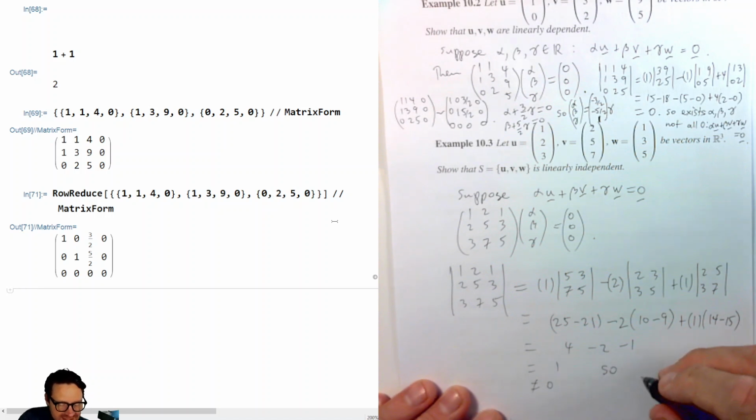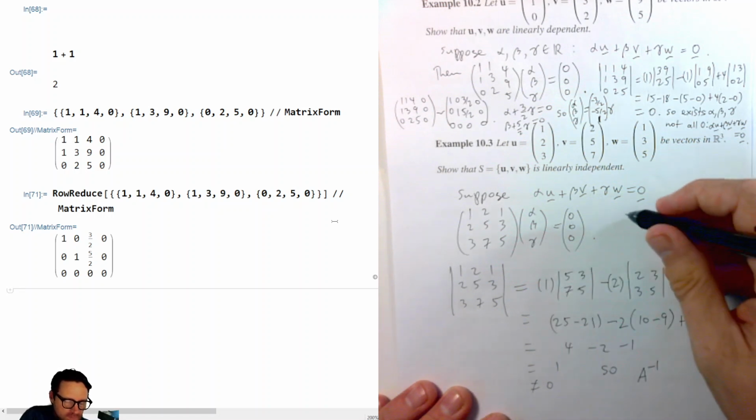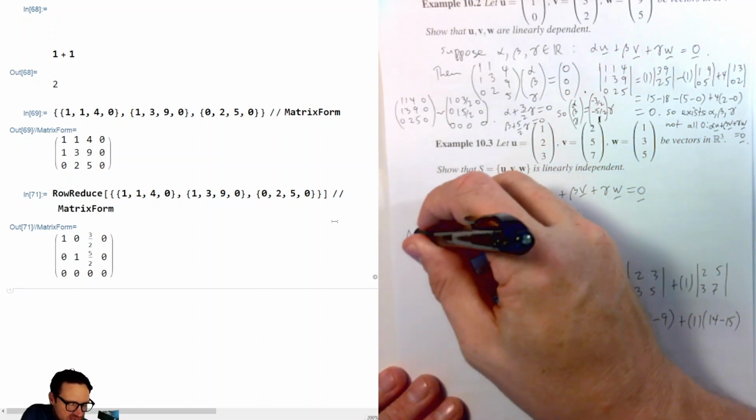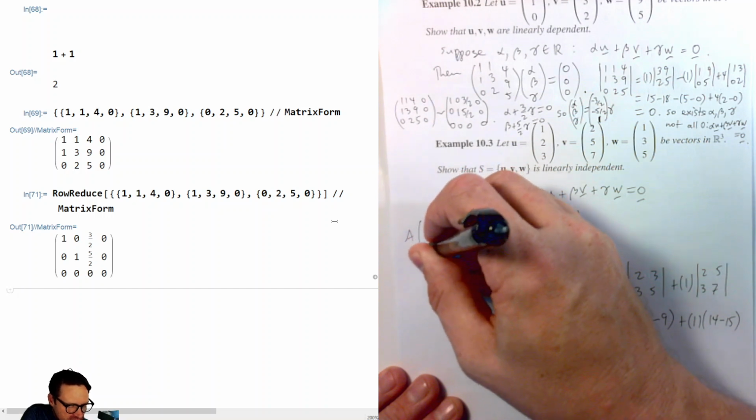So what that says is that the matrix A, okay, so let's call this A, alpha, beta, gamma over here.